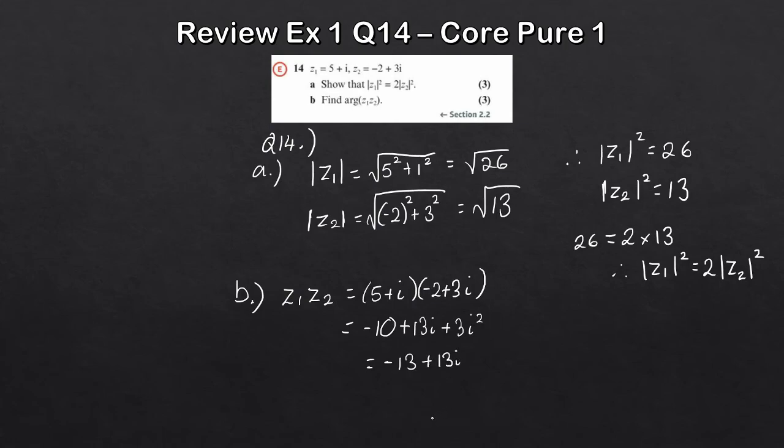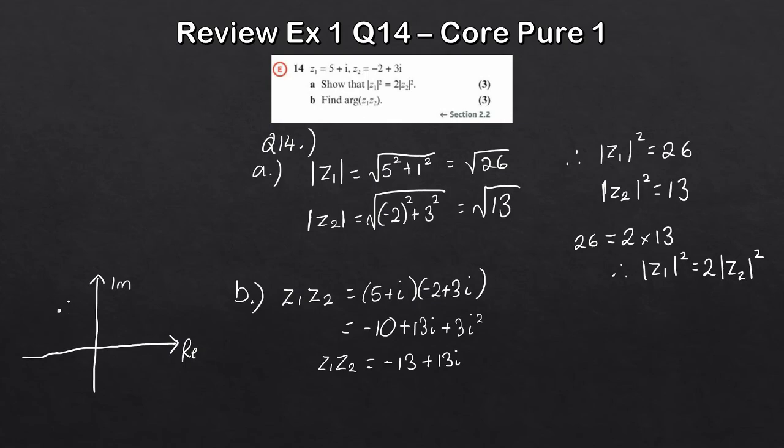Okay, so we want to find the argument. So like we always do, we go back to drawing our sketch here. So what are we looking to find? Well, we're looking to find the argument of this here. So this is z1 z2. So that's minus 13 on the real axis, so let's just say that's there, and up 13.